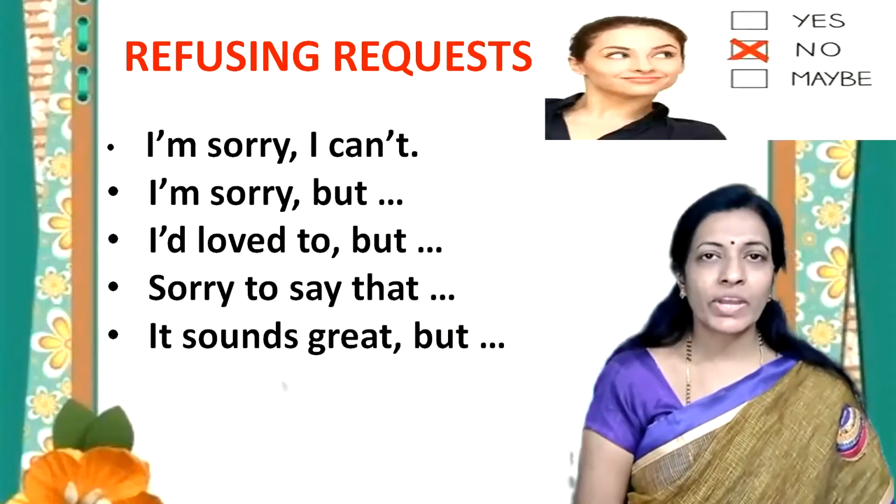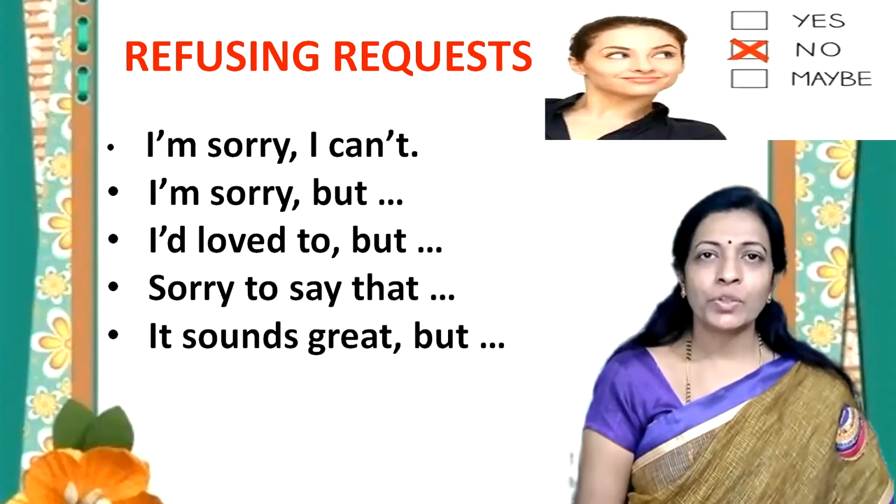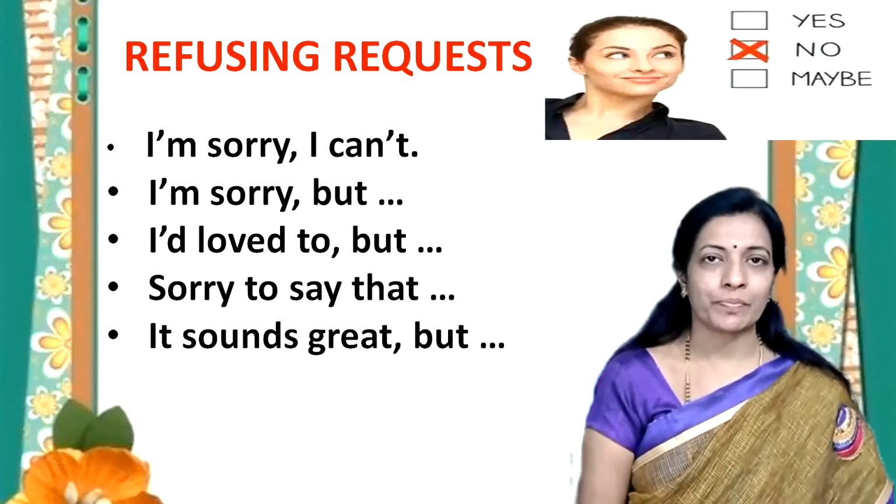Now, we will try to find different ways by which we can refuse a request politely. Again, even though you are refusing a request, you should sound very polite and you should express through your words that you would want to help, but you are not able to do so.